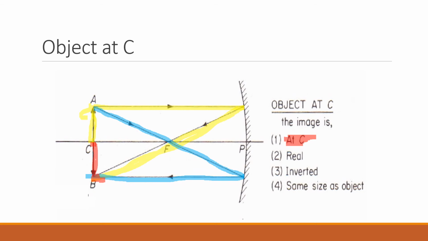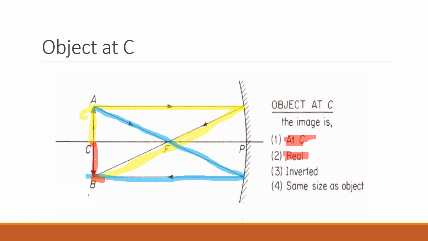Fine. The second point is the image formed is real. Real means, in this case, can you see the reflected rays, this yellow line and this reflected blue line? They are actually intersecting. Now if they actually intersect, what kind of image will it form? It will form a real image. Fine.